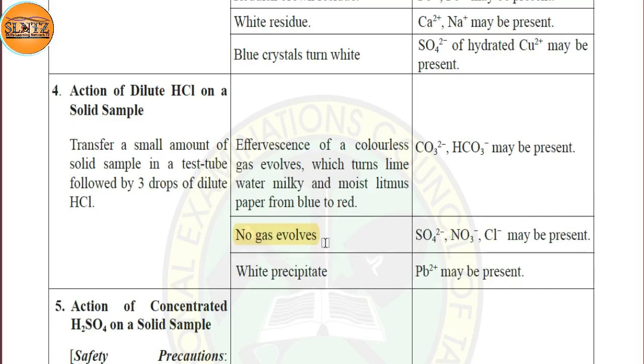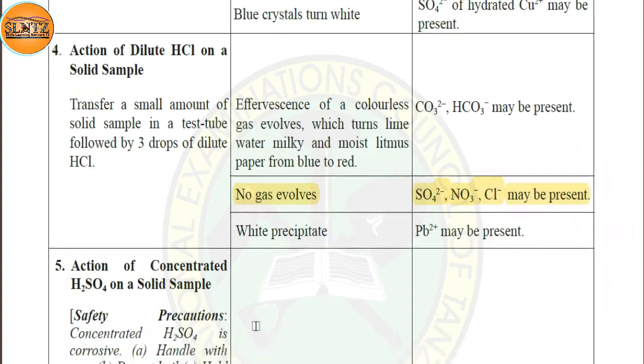This sheet is prepared for frequent reactions, it means it always appears when you test, so that we use evolves. But in your testing you have to use on-the-spot action, no gas evolved. And the inference is represented by sulfate, nitrate, chloride. You see there is nitrate there, may be present.